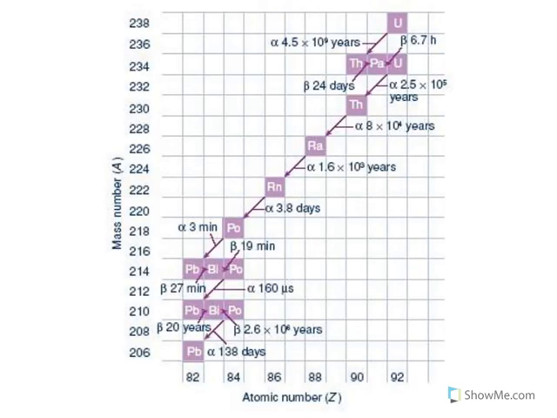So if I have a look at this diagram, this diagram here shows you uranium-238. We start with uranium-238 at the top here. It decays by alpha, 4.5 by 10 to the 9 years, and it becomes thorium.